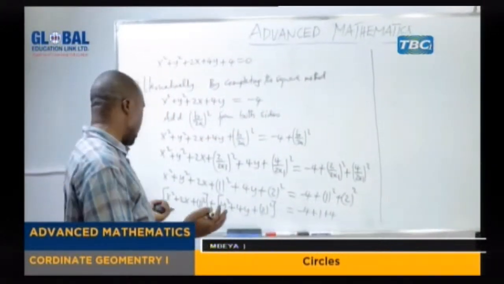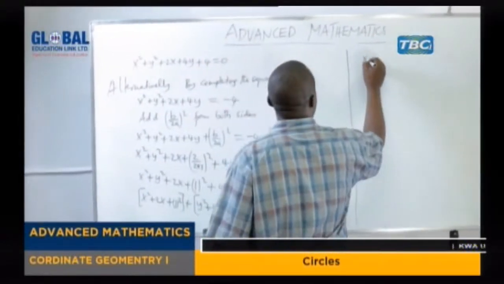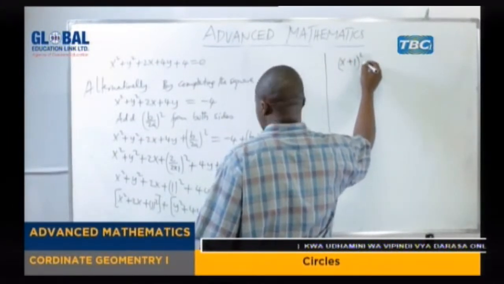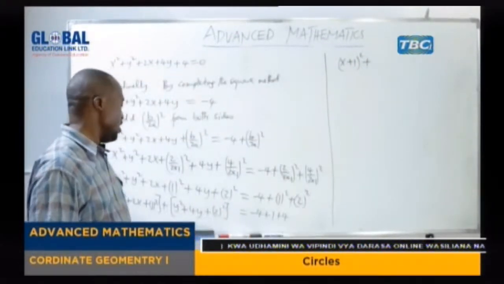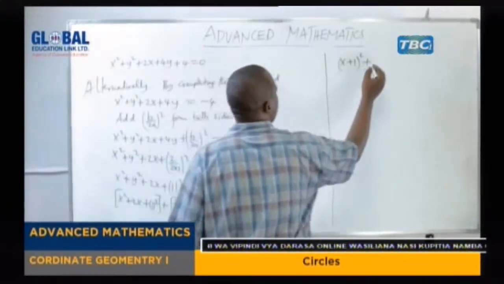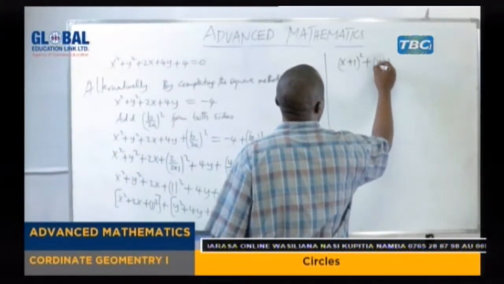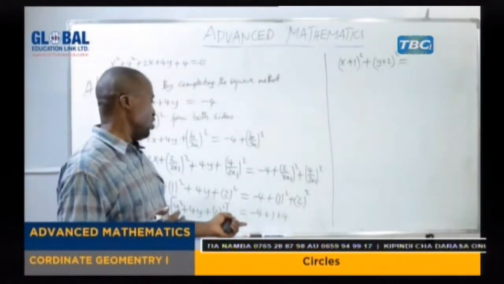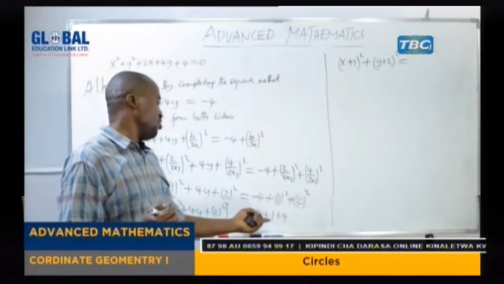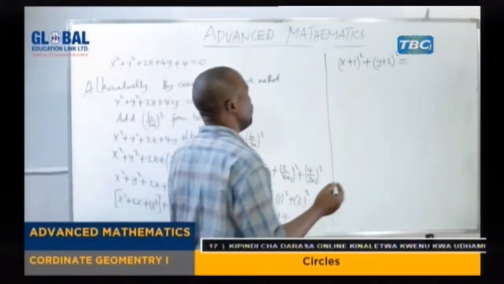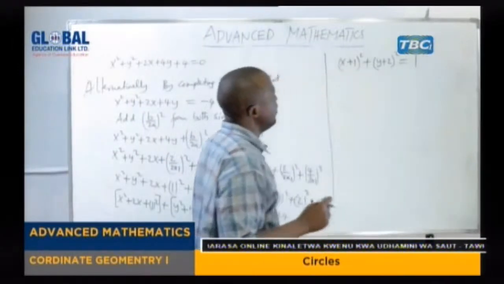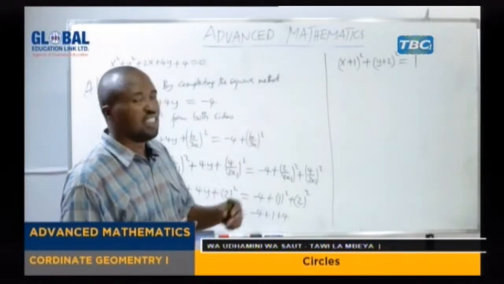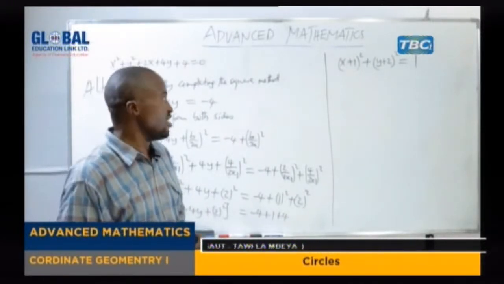So by completing the square, here we are going to have x plus 1 squared plus, then followed by y, that is y plus 2 squared, which is equal to, so here we are going to have negative 4 plus 1 plus 4, which is going to be 1. So in this case, it is possible to determine the center of that equation, but again, the radius.